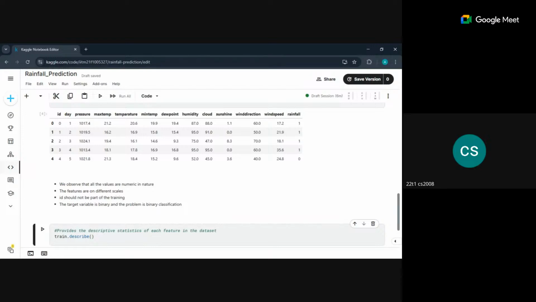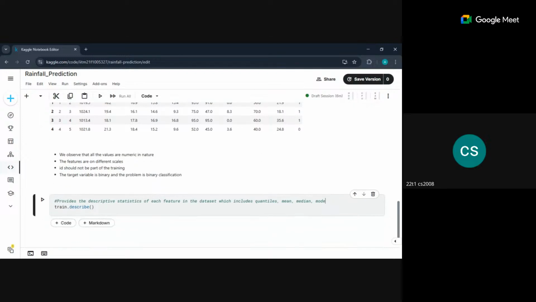If you are presenting to a non-technical audience, who may not know what descriptive statistics is, you can include things like quantiles, mean, median, and the max and min values. Something like that you can give.